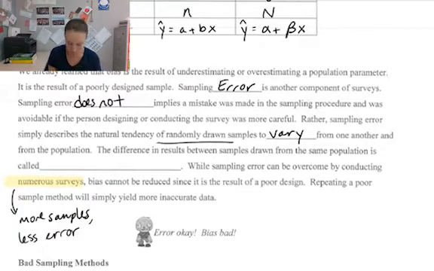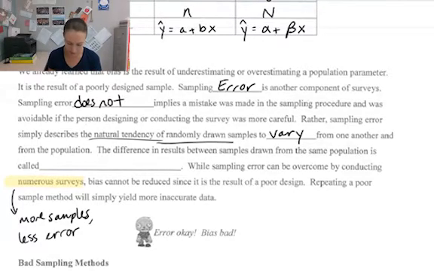So it's just a natural thing. If we're truly randomly sampling, some samples are going to be representative of the population and some aren't. There's going to be natural variability, and that variability is what sampling error is.